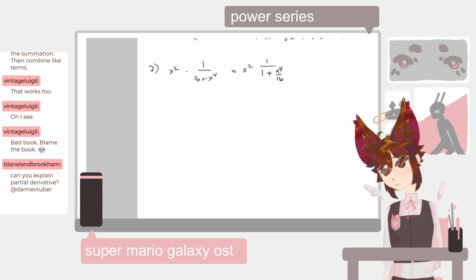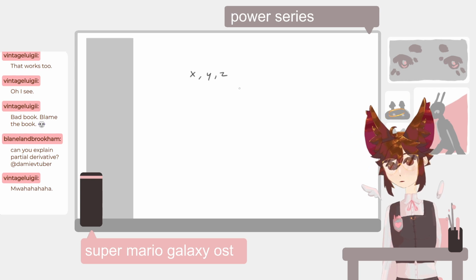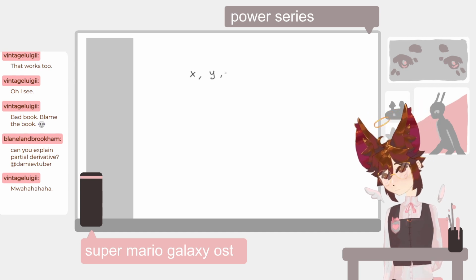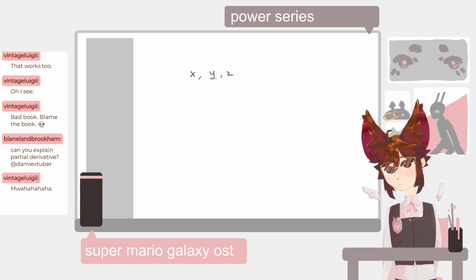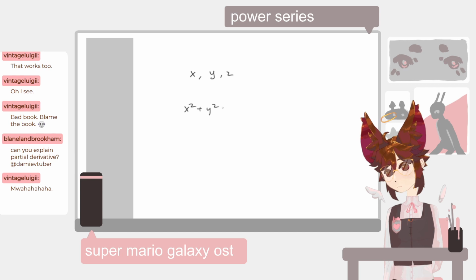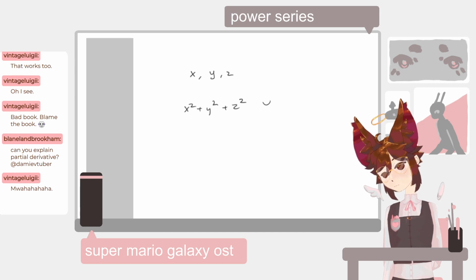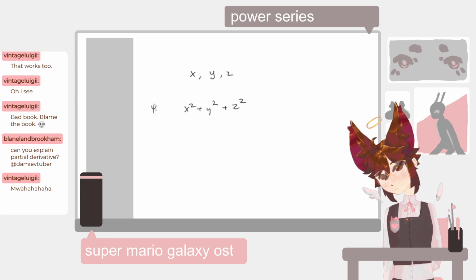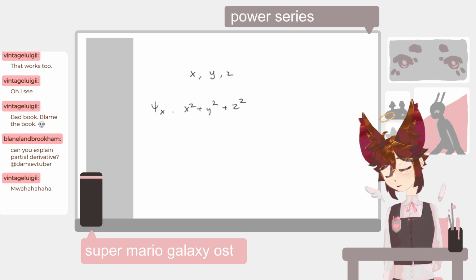Okay. It's so lovely that you asked me. Let's say you have x, y, and z. Three variables. Let's say you want to take the partial derivative of x squared plus y squared plus z squared, with respect to x.